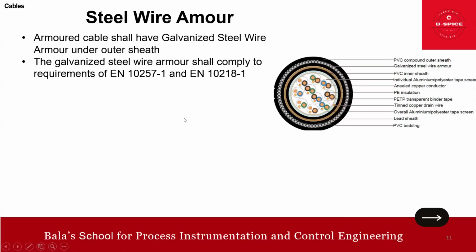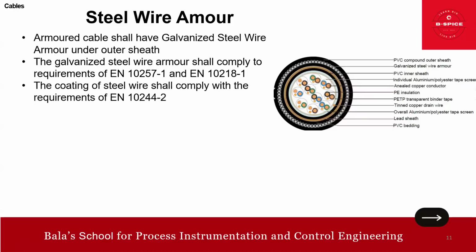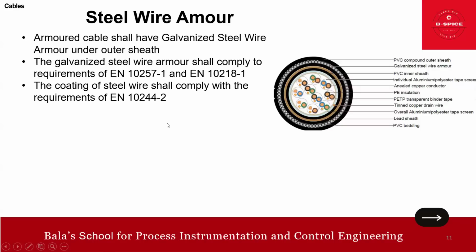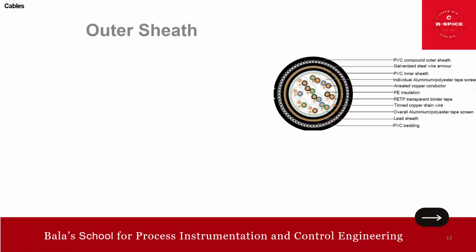It's all very difficult to remember, but try. By watching this video a few times, you will get to know. The coating of steel wire shall comply with the requirements of EN 10244-2. If it's very hard to remember, just take a screenshot or download and keep it, friends. So that's about the steel wire.